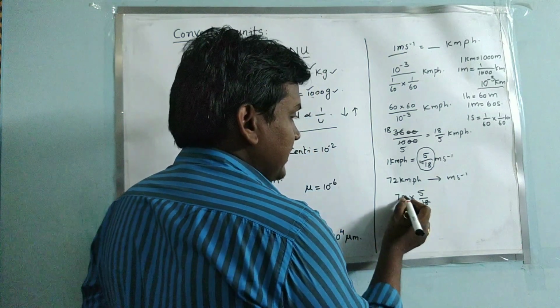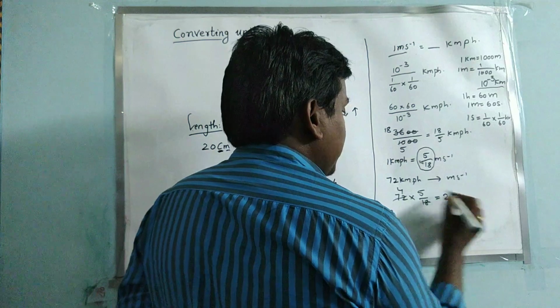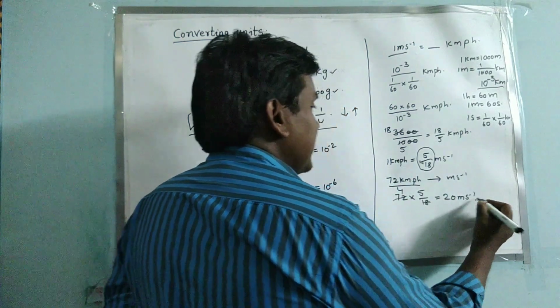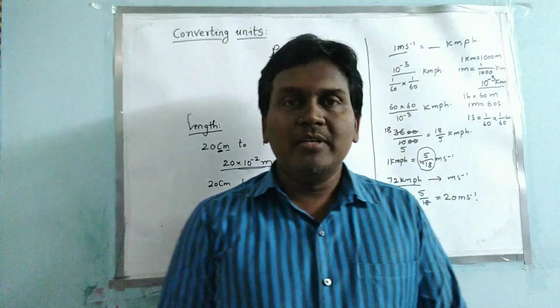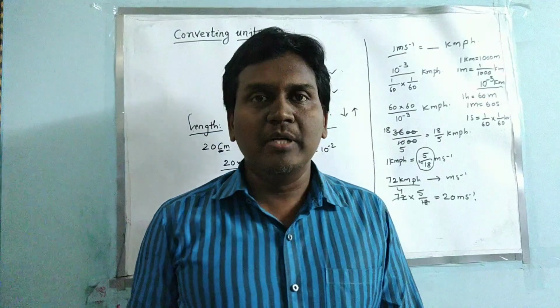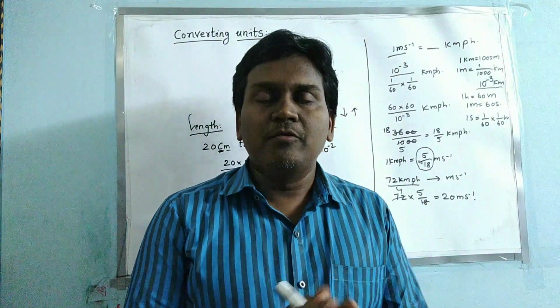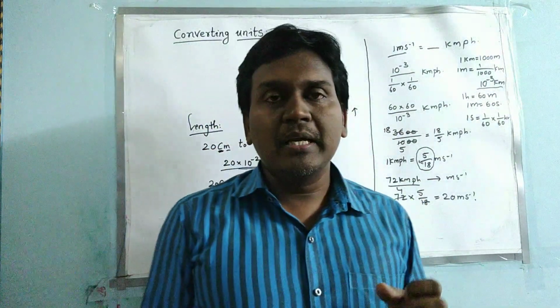Now 18 goes into 72 4 times, and 4 fives are 20. So 72 kilometer per hour can be written as 20 meter per second. So in this way we can do a lot of conversions from one unit to another unit. But here the physical quantity remains the same. It won't change. But here what are we using? We are using some multiplicative factors.